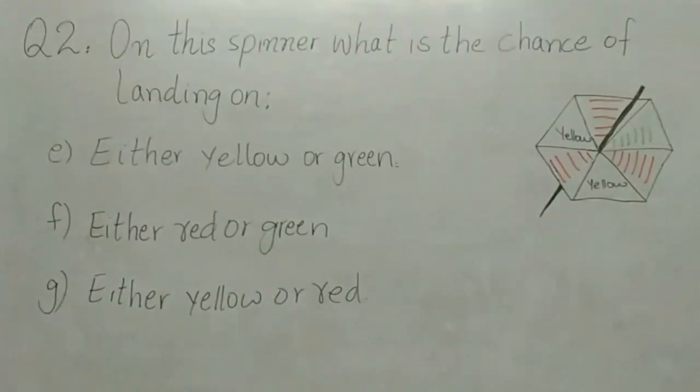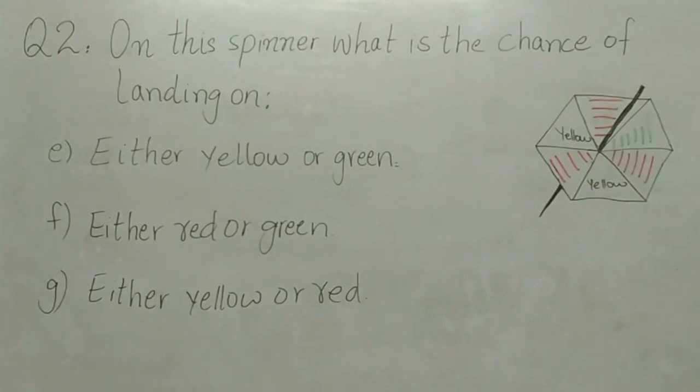In example E, F, G, they are asking about which side will come most. So which has the more probability to come. So either yellow or green, you know, there are 2 parts of yellow, so yellow can come more than green, so you write the answer yellow.